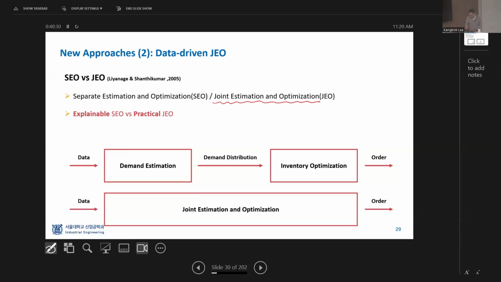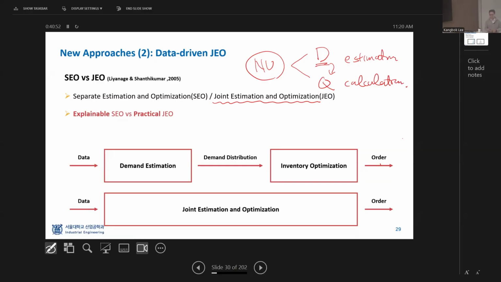In other words, previously, our newsvendor approach had two parts. First, an estimation of demand D. And based on this estimation, my Q calculation is a separate part.